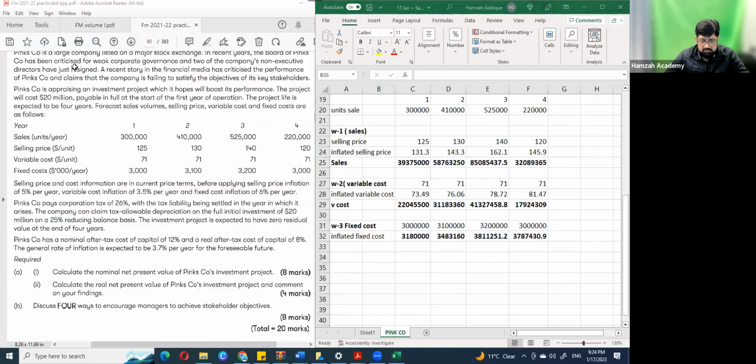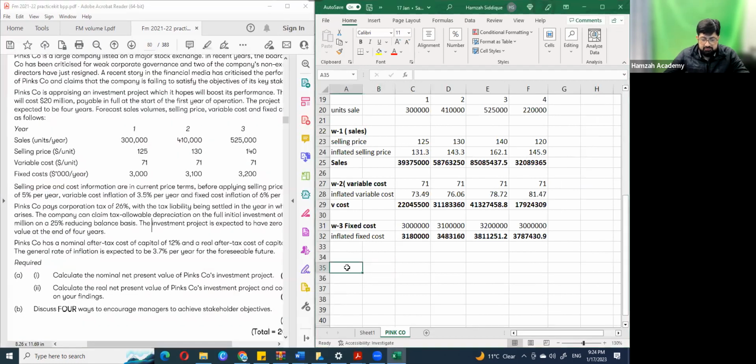So working four will be tax saving on capital allowance. Yes, students, 4 years. This is year 1.